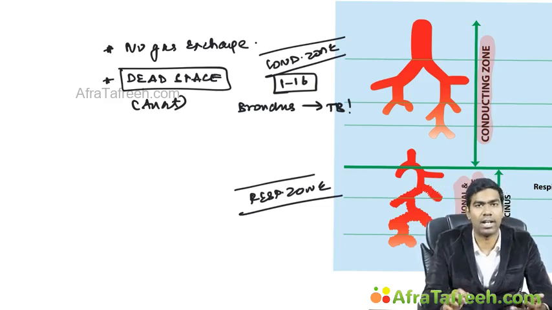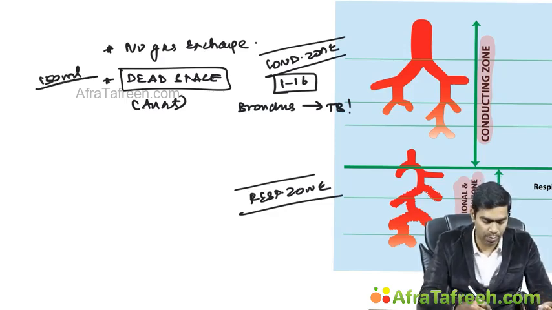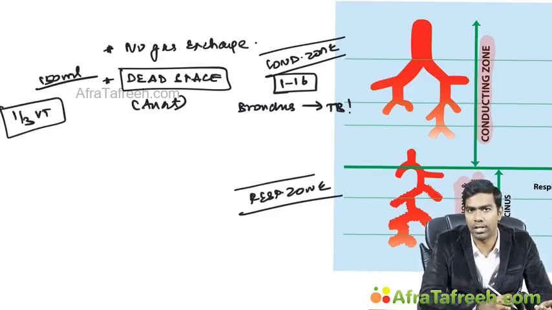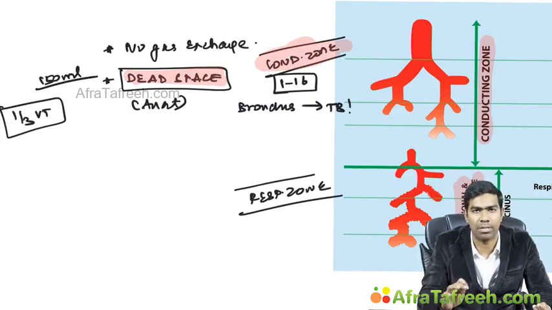Right now, anatomical dead space is 150 ml according to your physiology textbook. But I will tell you it is one third of the tidal volume that contributes to the anatomical dead space. And this anatomical dead space is contributed by the conducting zone only, because there is no gas exchange happening over there.